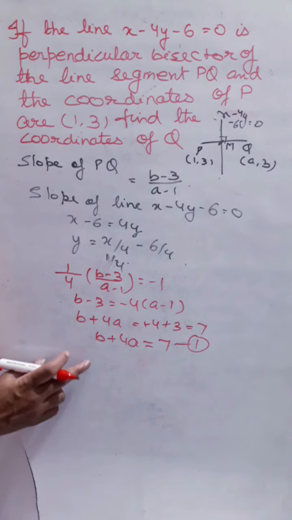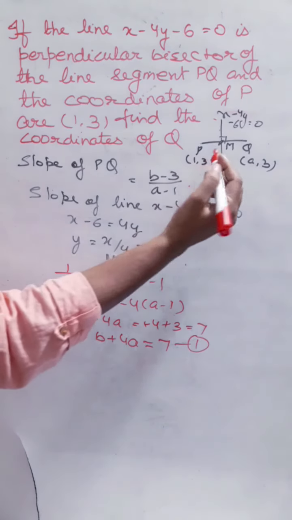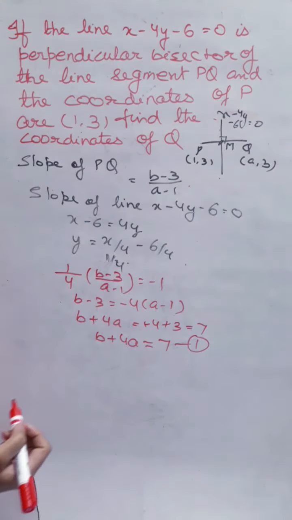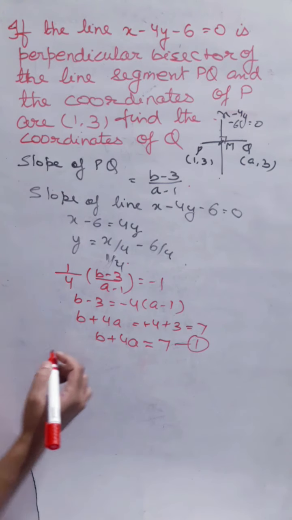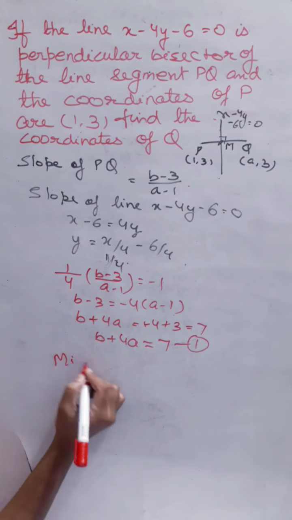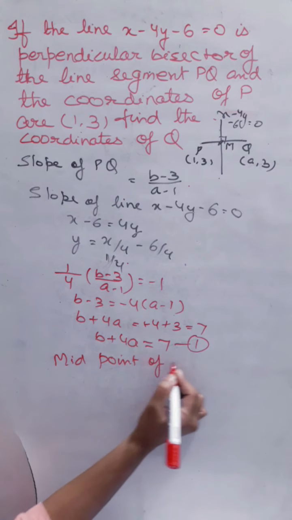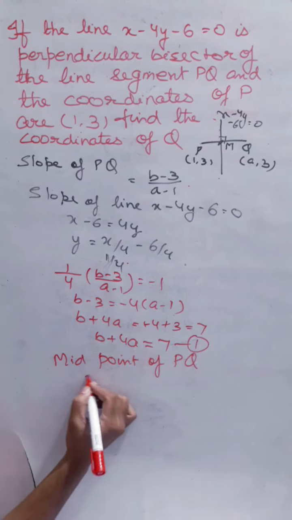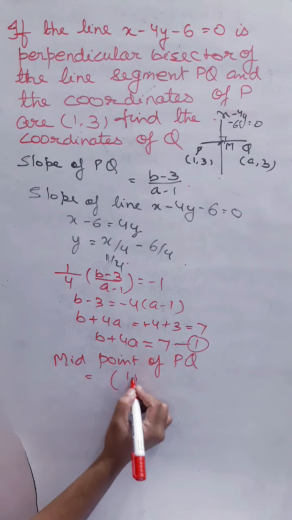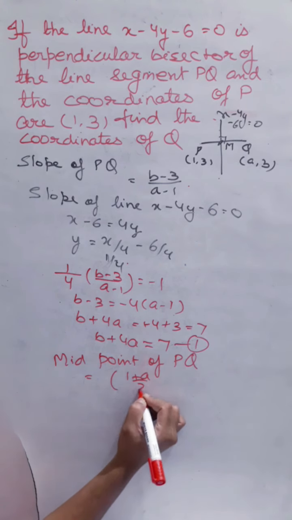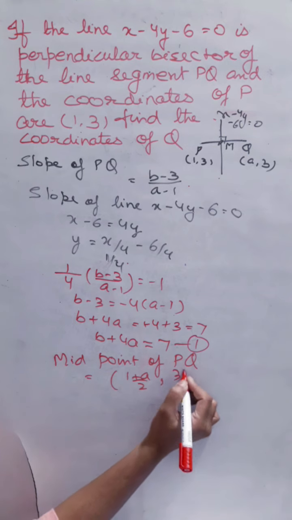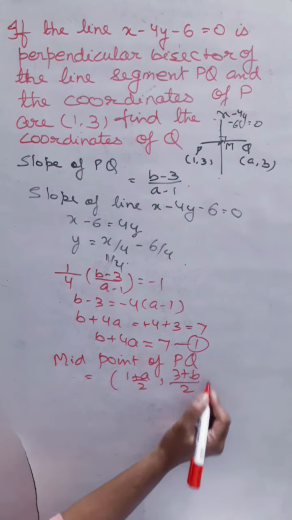Now we come to the next step. Here we need to find the midpoint of PQ. So the midpoint of PQ will be ((1 + a)/2, (3 + b)/2).